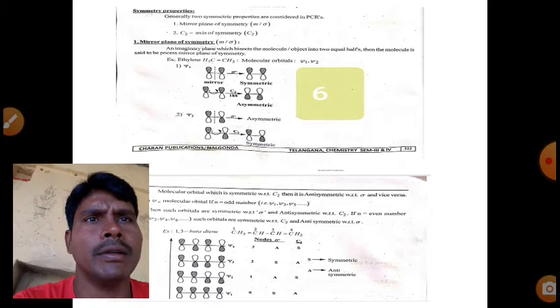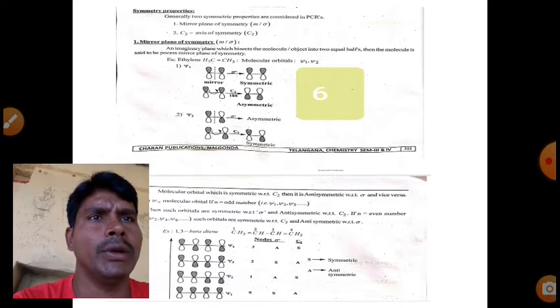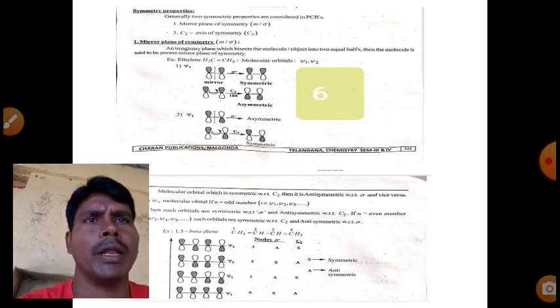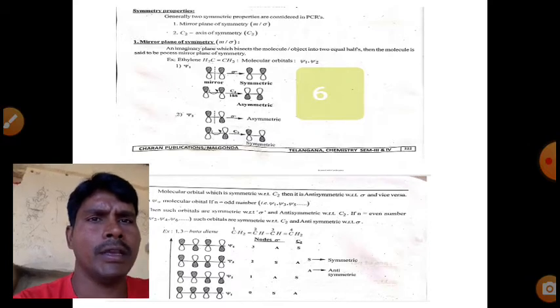What is m, or sigma? An imaginary plane which bisects the molecule into two equal halves that are mirror images of each other means the molecule possesses a mirror plane of symmetry. Take psi 1 as an example.